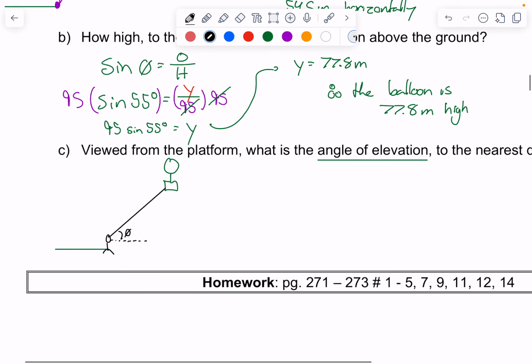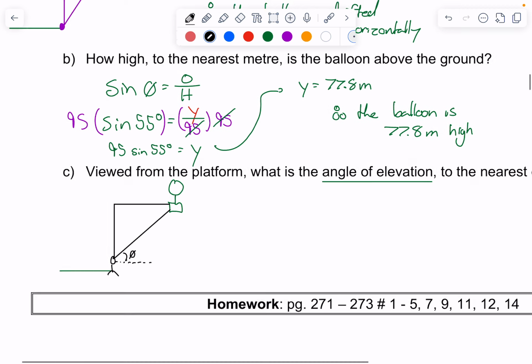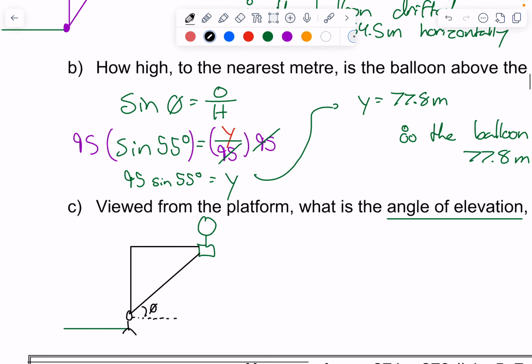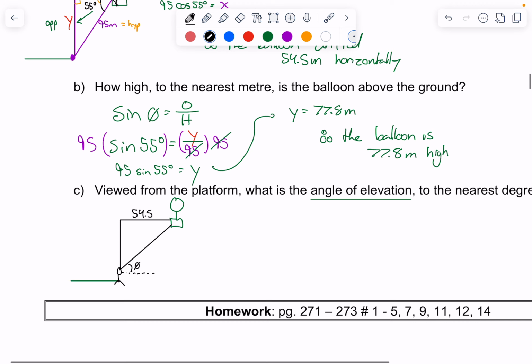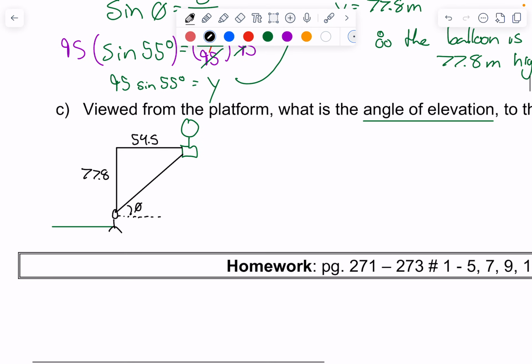Well, we know what we've calculated: x is 54.5, and we know that it is 77.8 high. This ground right here, this dotted line I've drawn, it's the same horizontal distance to get to this point, is it not?